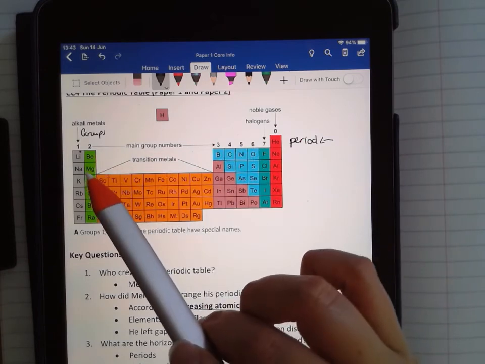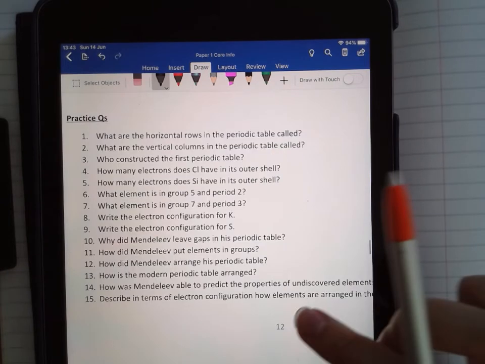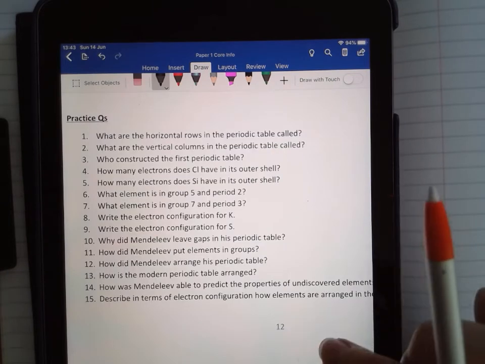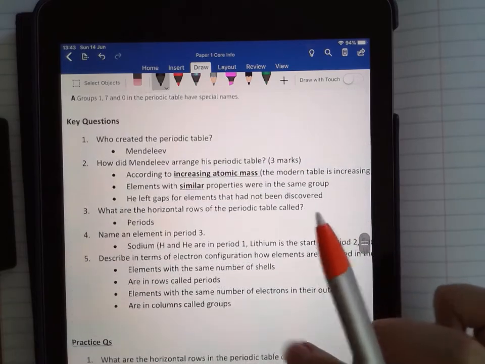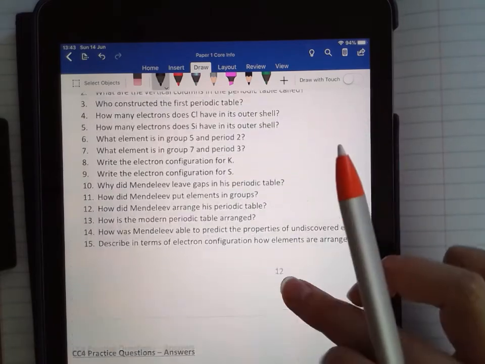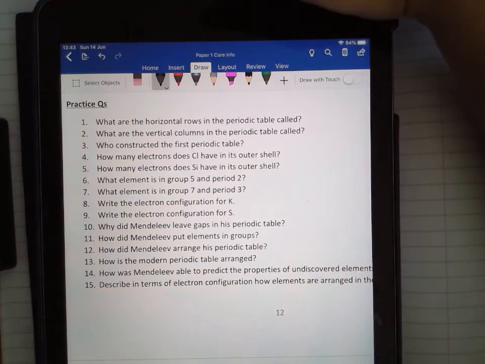If an element is in group 2, it's got 2 electrons in its outer shell. Have a go with these practice questions. They're on page 12. You'll get the model answers up above. And when you are finished answering your questions, come back and have a look at the answers, and I'll go through the answers with you.